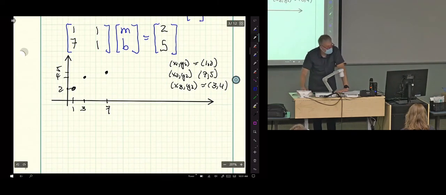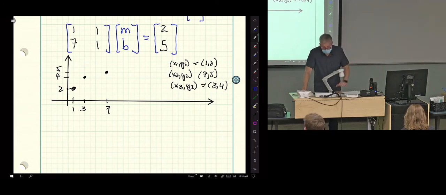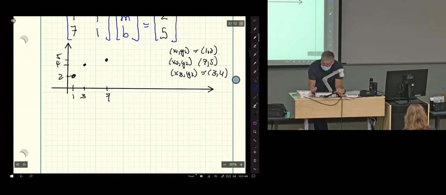Okay, now, how many points does it take to determine a line? It takes 2. How many points do we have? 3. So let's just go ahead and write them, and as a model, just like we had before, yi equals m xi plus b.